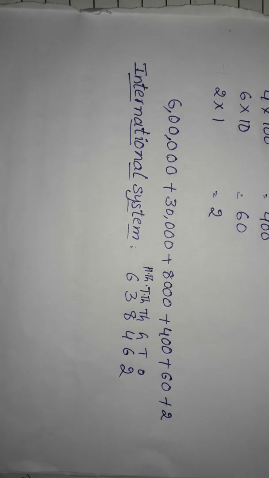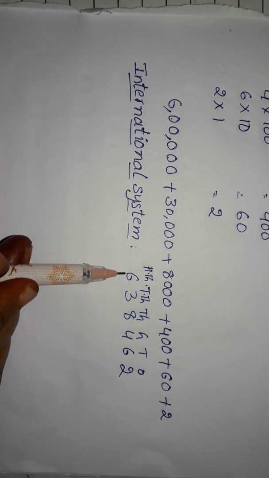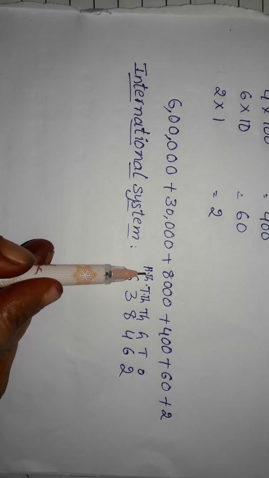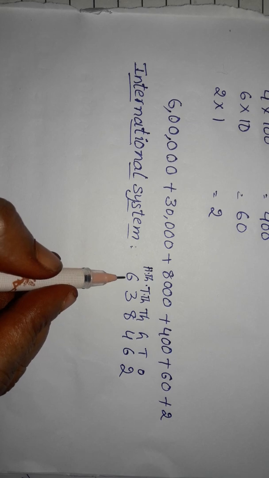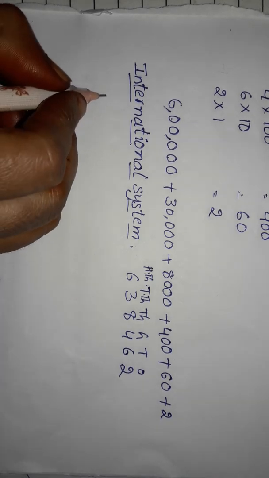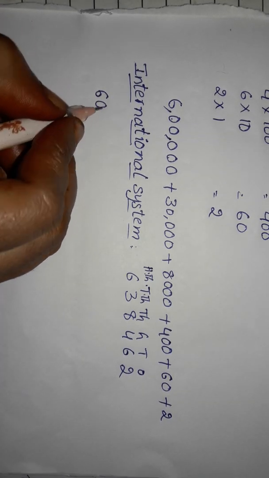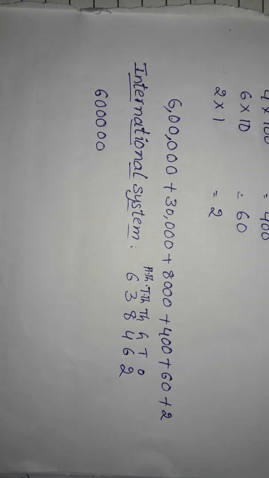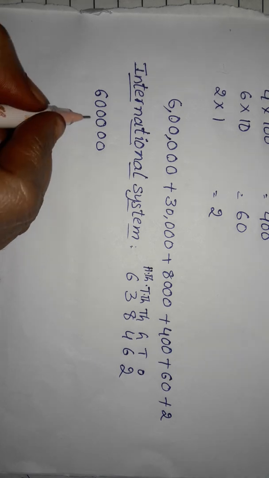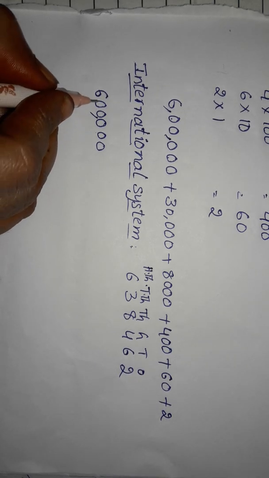Now I will write in expanded form. First digit 6. In which place is 6? 100,000s place. So 600,000. In the international system, we keep a comma between every three digits. 1, 2, 3, 1, 2, 3.